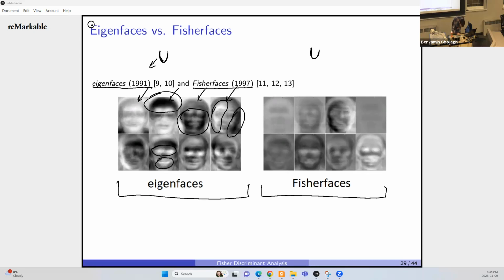This one, I guess, a bit of nose. This one, the cheeks under the eye, and also the forehead. Different parts, as you see. This one, the whole face. Do you see that? By the way, they are in order of importance, according to their eigenvalues. Now compare it to FDA.